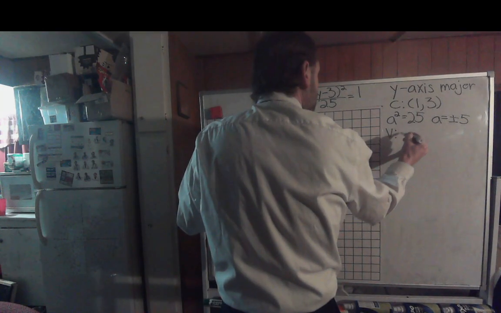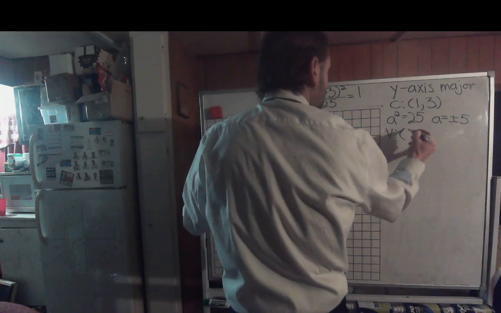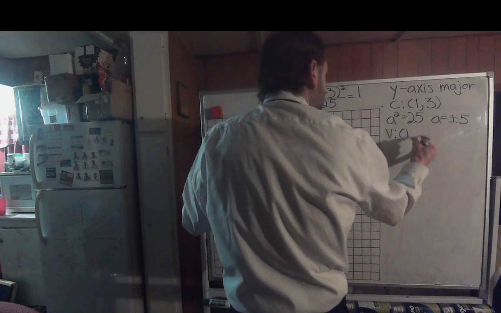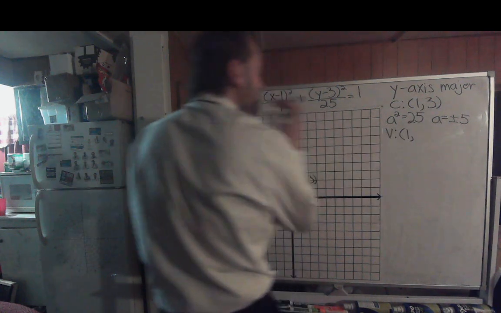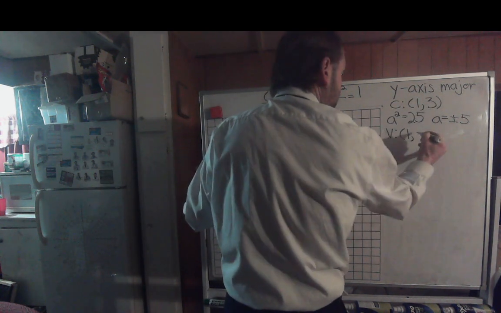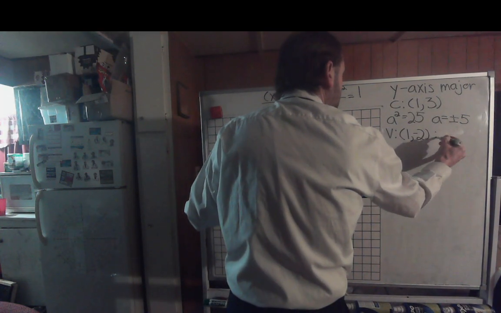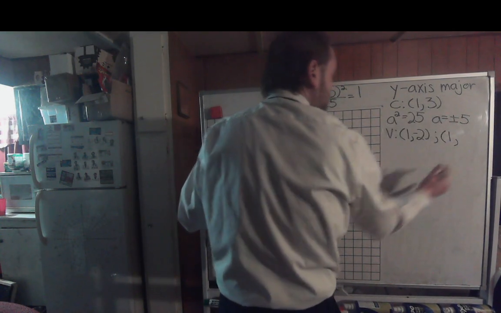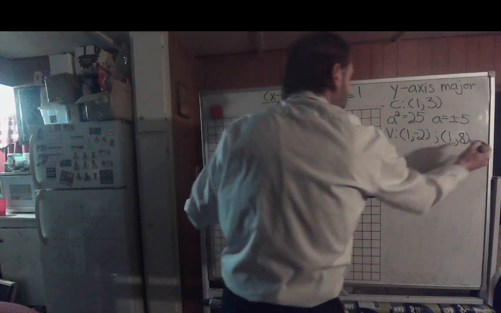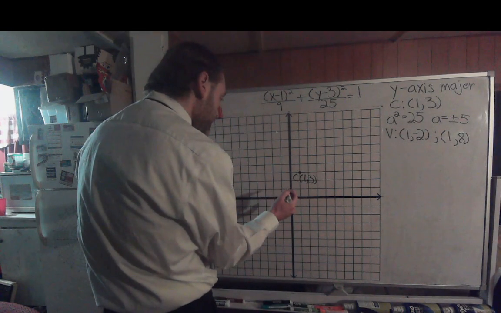So for the vertices, your x-coordinate of 1 doesn't change, but let's take 3 minus 5, you would get negative 2 for the y-coordinate. And if you take 3 plus 5, you'll get a y-coordinate of 8. So your vertices are at (1, -2) and (1, 8). So let's go ahead and plot that.